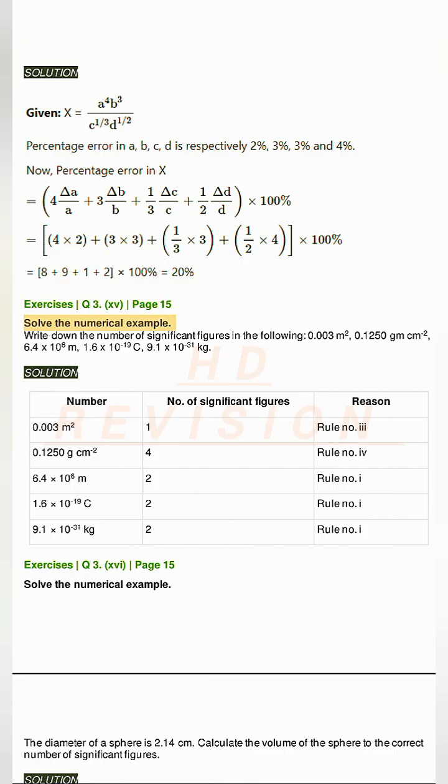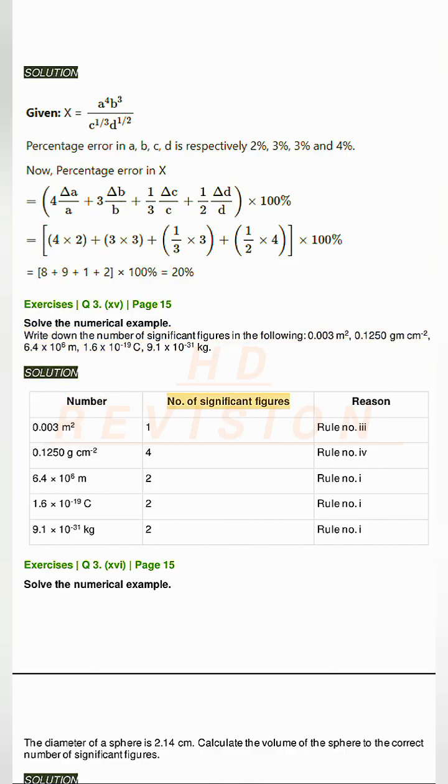Exercises Q3. XV, page 15. Solve the numerical example. Write down the number of significant figures in the following: 0.003 square meters, 0.1250 g per cm squared, 6.4 times 10 to the 6 meters, 1.6 times 10 to the 19 C, 9.1 times 10 to the minus 31 kilograms. Solution.